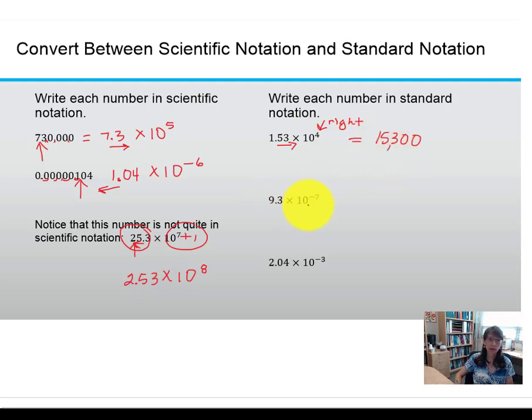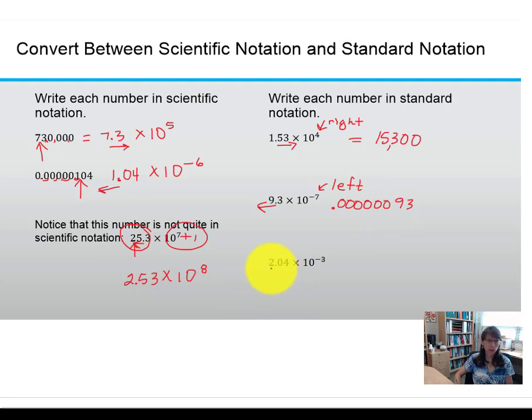With 9.3 times 10 to the negative 7, since this exponent is negative, that means we move the decimal to the left 7 places. One of those places is already taken up with a number, so we just need 6 zeros in front of the 9. And there is our equivalent standard form.